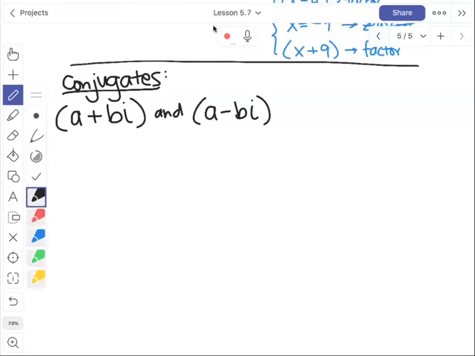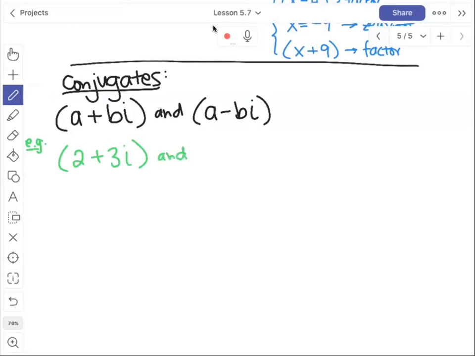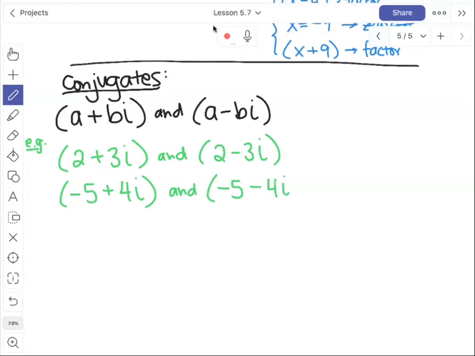So for example, if I have 2 plus 3i, its conjugate would be 2 minus 3i. Or if I have negative 5 plus 4i, then the conjugate would be negative 5 minus 4i.